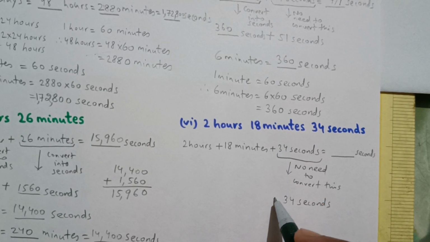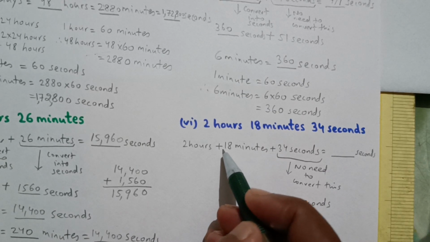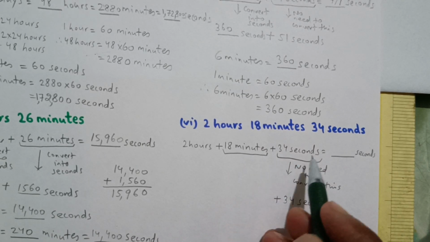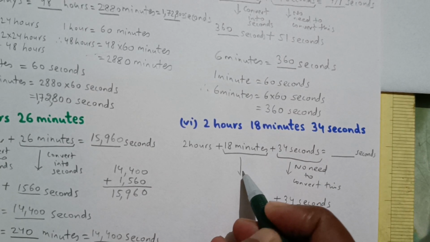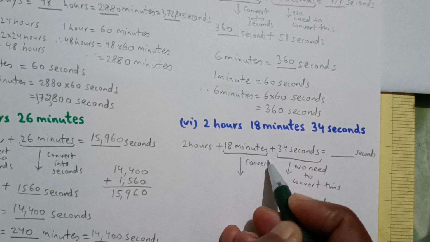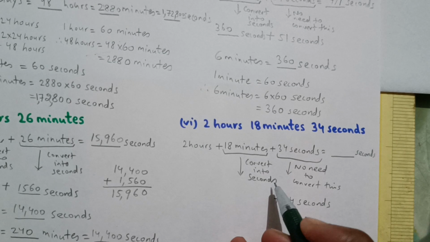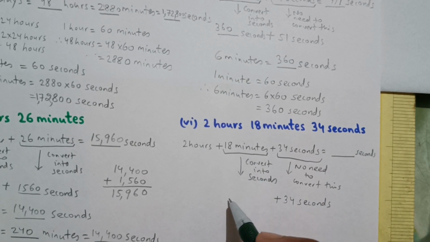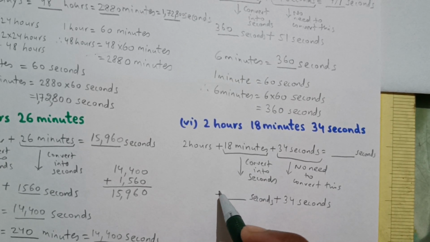Then there is the plus sign. Now look at this, 18 minutes. We want our answer in seconds, so we have to convert 18 minutes into seconds. So 18 minutes is how many seconds? Then the plus sign.